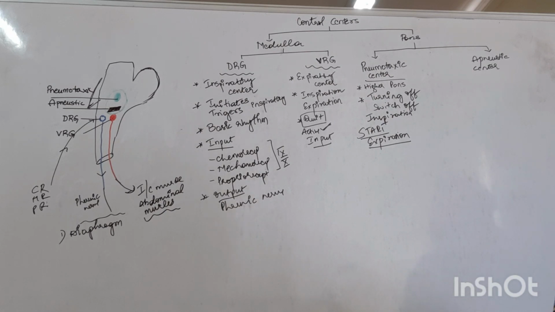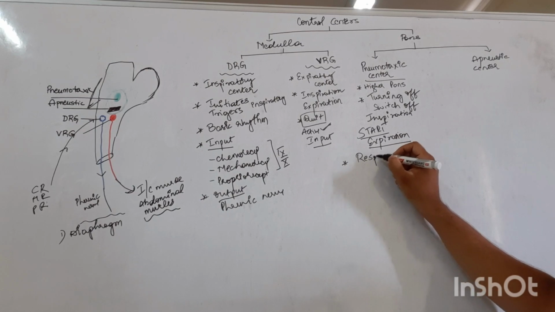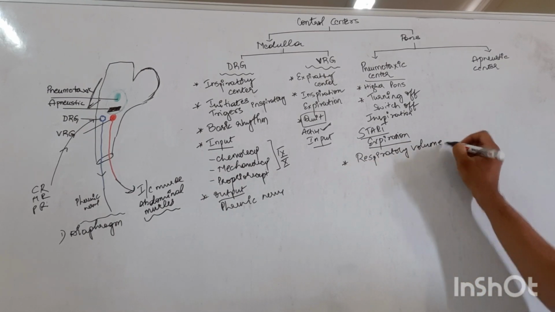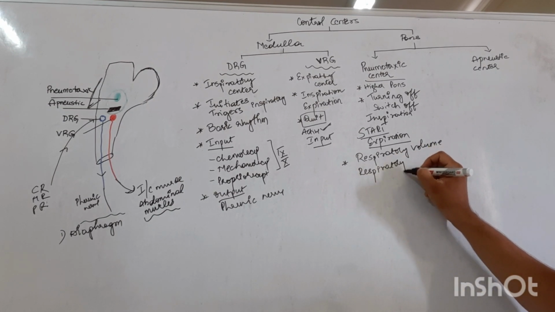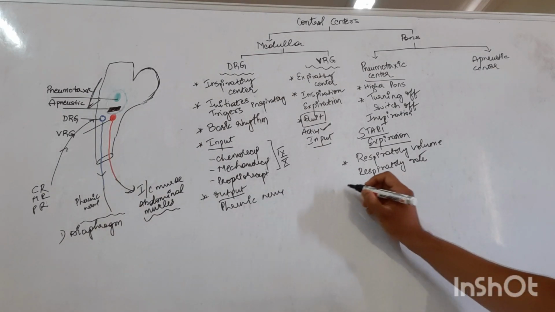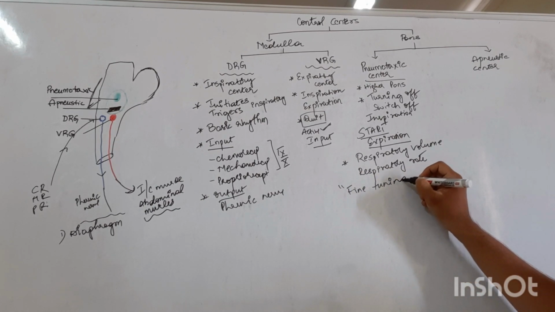Therefore, they are involved in the regulation of the respiratory volume and also the respiratory rate. Therefore, we can put it as they are involved in fine tuning of the respiration.